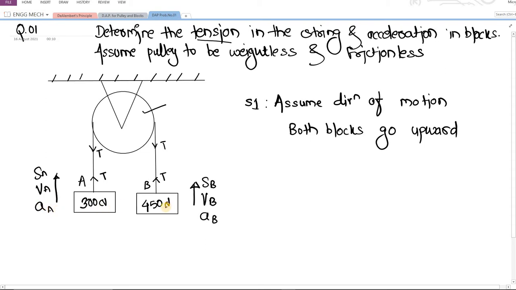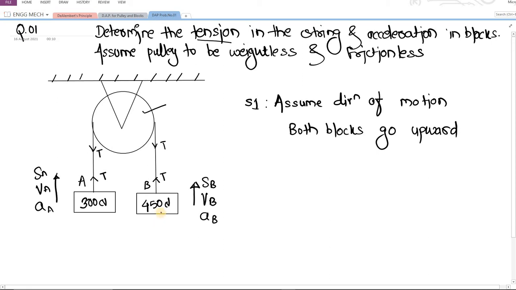Now why we are making this assumption and why we are not directly mentioning that block B is going down and block A will obviously go up? See, in this specific simple problem, the two weights are so clear with the figures mentioned in them that we can clearly say that 450 Newton will go down and 300 will go up.